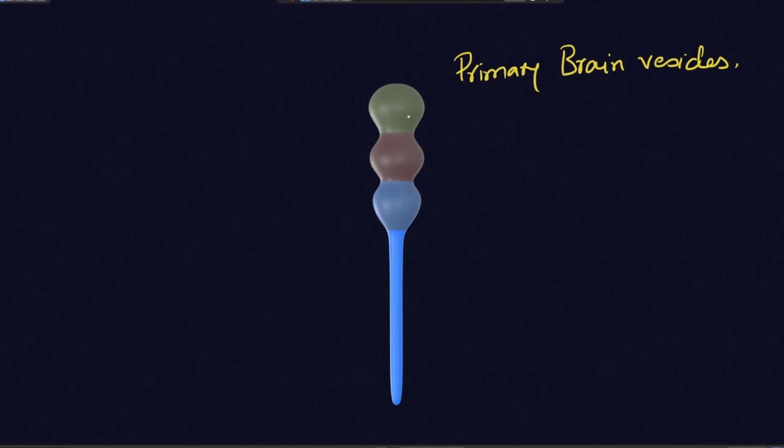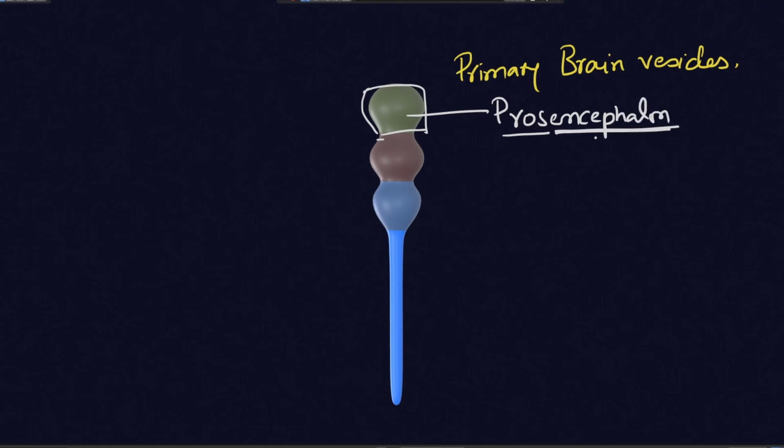If I start labeling them, the cranial most one is the prosencephalon. Pros is the prefix. Encephalon is another fancy name for the brain. I think it is Latin or Greek, I don't exactly remember, but encephalon means brain, and pros, I think, means the earlier one, if I remember correctly.